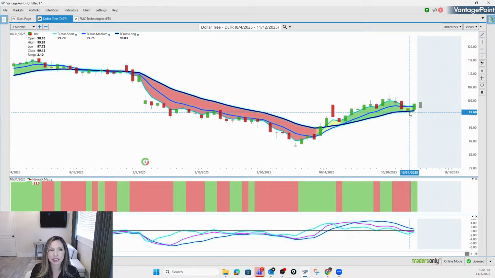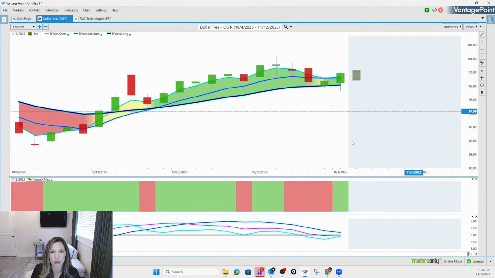I would confidently say yes, because, well, we've failed to break through this level 2 days. I'm going to zoom in just a little closer so you guys can really get a close up of this. But if you notice, what's happening right here is that you see our support level, our T cross long level is holding. Our price has tried to break below that level, but nope. It says this is too strong.